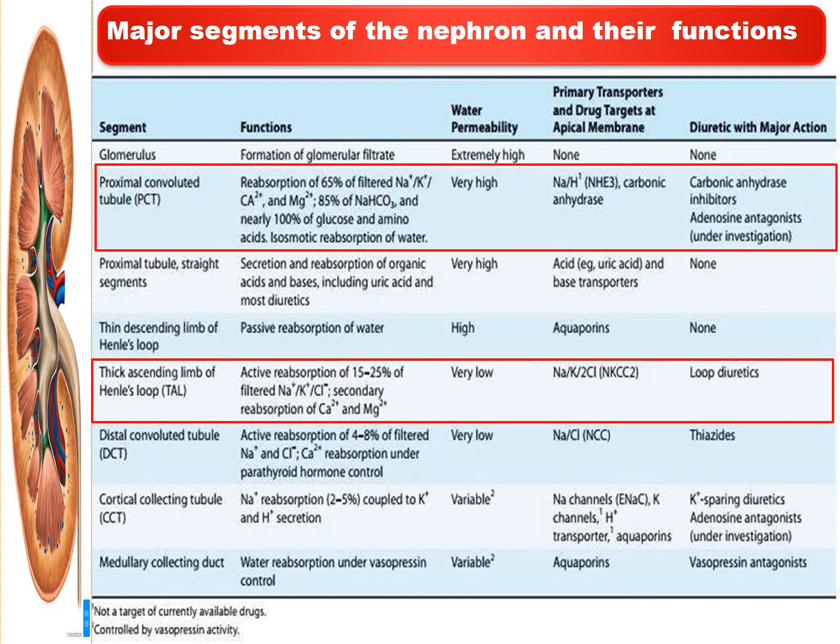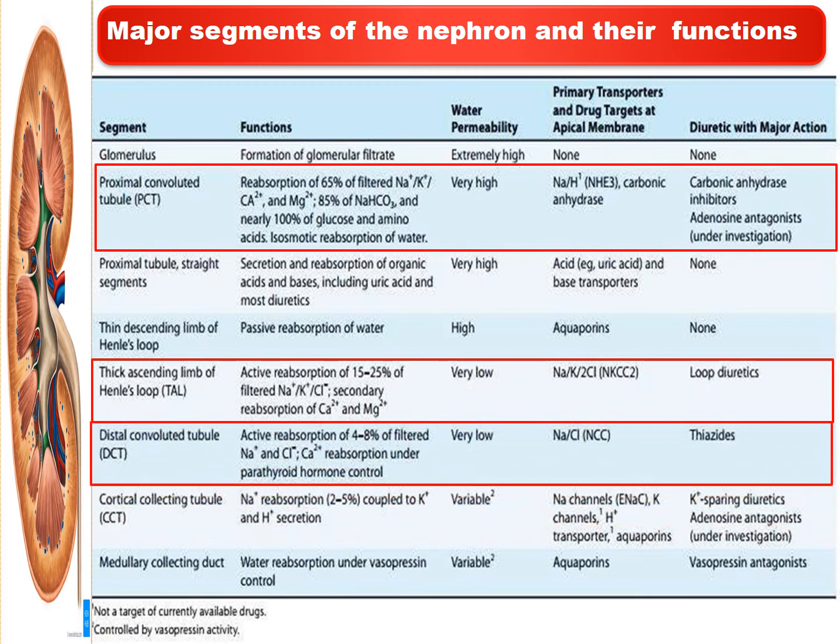At this site, the water permeability is very low, and the primary transporter present at this site is the sodium, potassium, 2-chloride symporter, in this stoichiometric ratio. And the loop diuretics are the major class of drug which acts on this site as a diuretic agent.